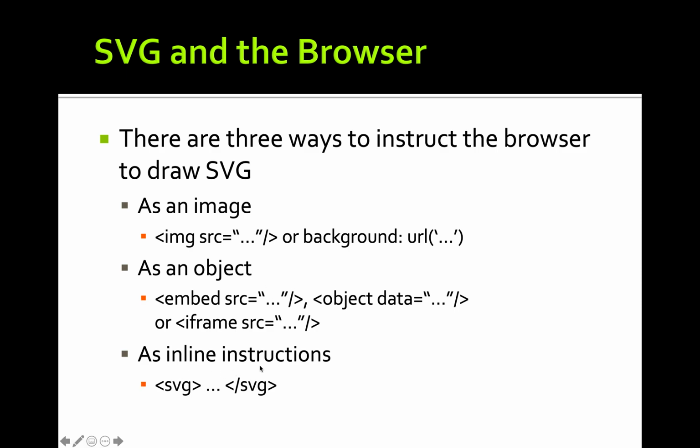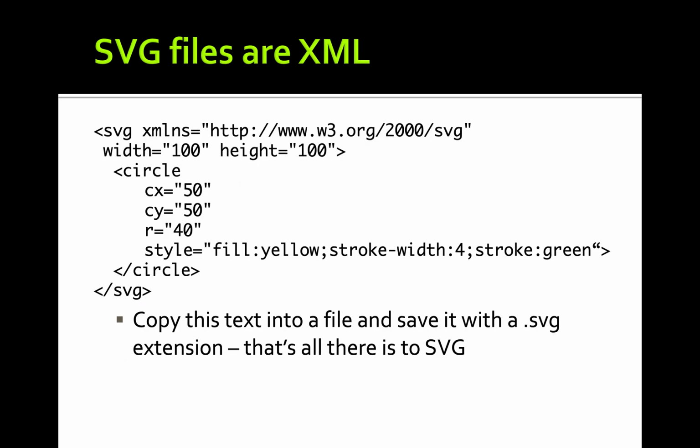Or, as inline instructions, we can write the code from the SVG file directly inside our HTML file, and it can draw those images. So these are the three different ways to instruct the browser to draw that SVG: as an image, as an object, or as part of the HTML code itself.